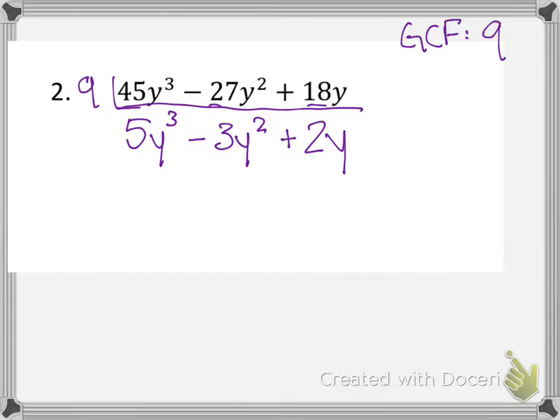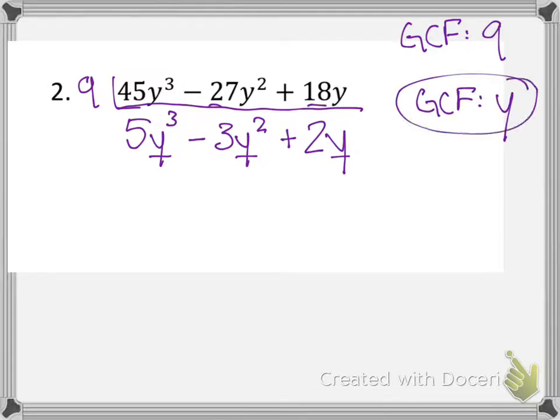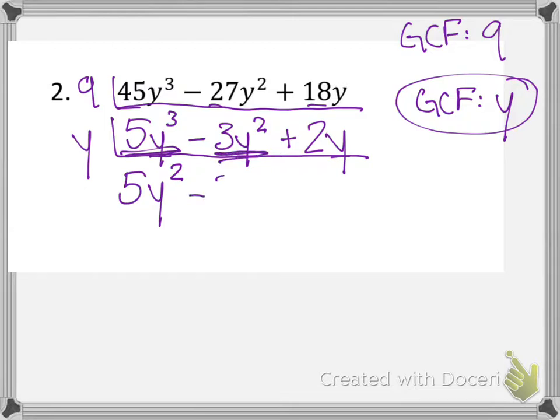Now looking at just my variables, my y's, y to the third, y to the second, and y, my greatest common factor out of those is my lowest exponent, just plain old y. So let's divide everything by y. I'm subtracting 1 from every exponent on my y because I'm dividing by y. So 5y to the third divided by y, we get 5y to the second power. 3y to the second divided by y, I'm going to get 3y.